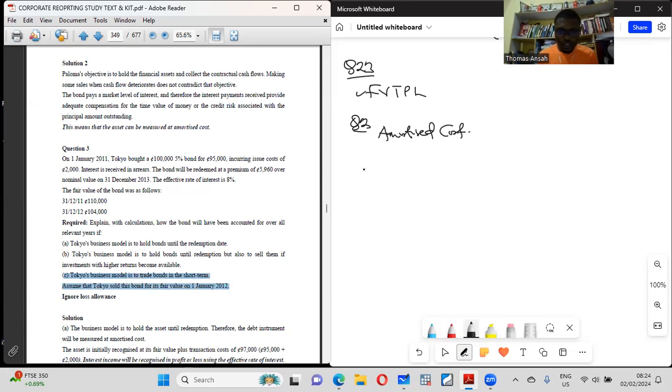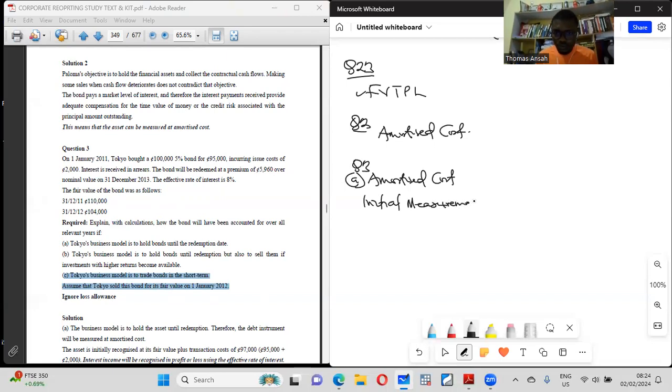How do we solve this? Let's look at our question 3A. We know that A is amortized cost. And so our initial measurement will be the fair value plus issue cost.